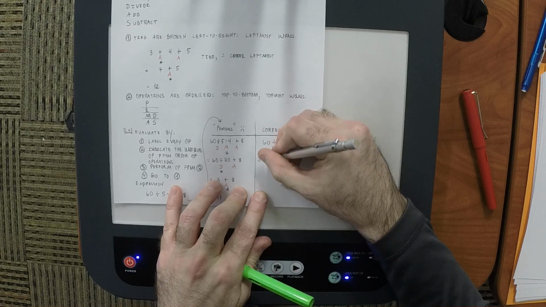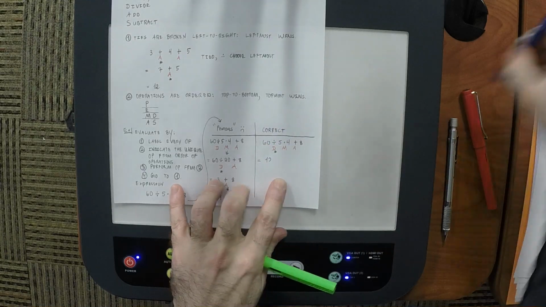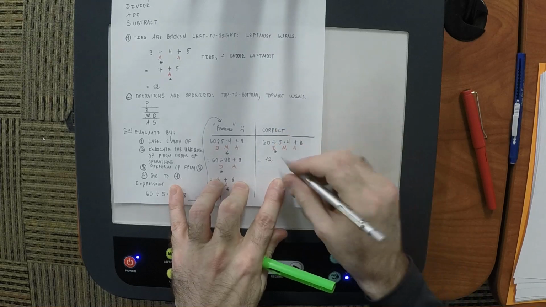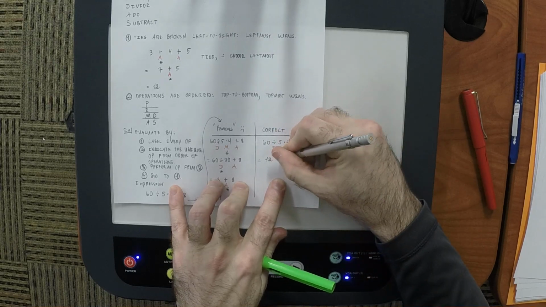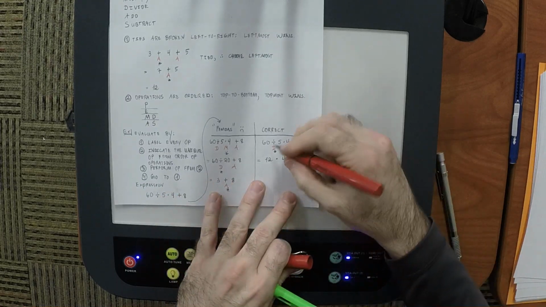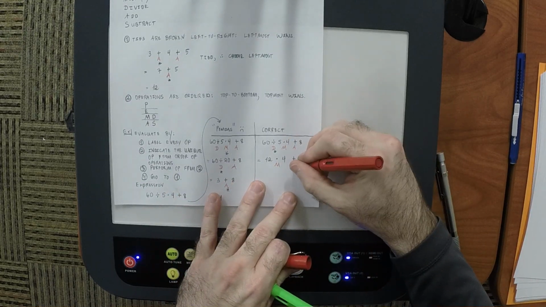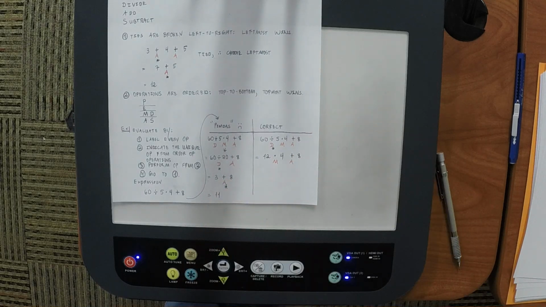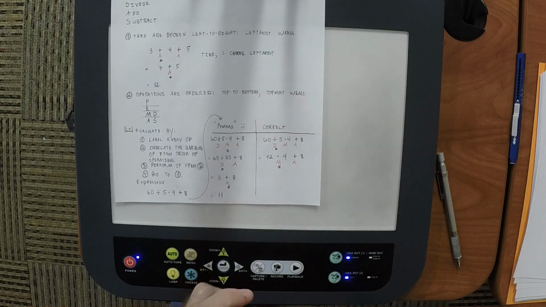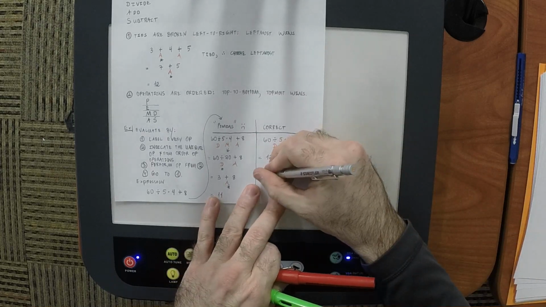60 divided by 5 is 12. I don't know what's going on in my head there. 12, and then now we have that multiply 4 and then add 8. So now we have a multiply and an add. Which one do we select? The multiply. So this would be 48.